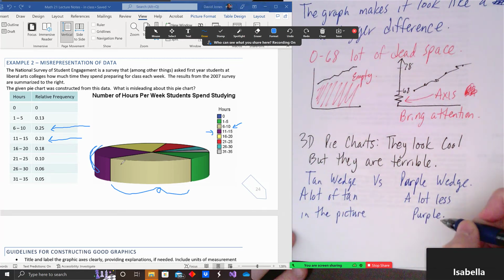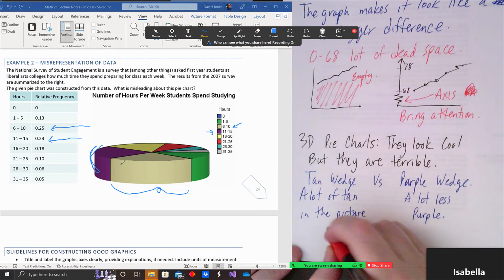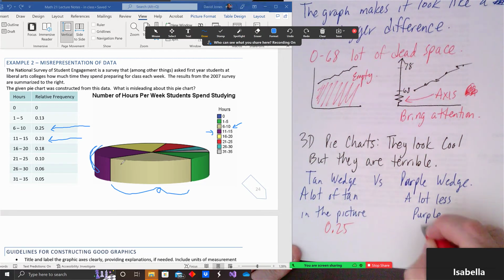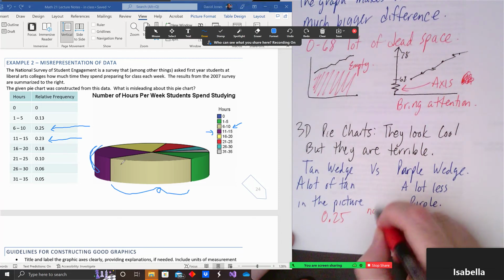If I were to calculate the area of them, I would say purple is half the coloring of the tan, at least, if not smaller. But when we look at the data, 0.25 to 0.23 is not a big difference.